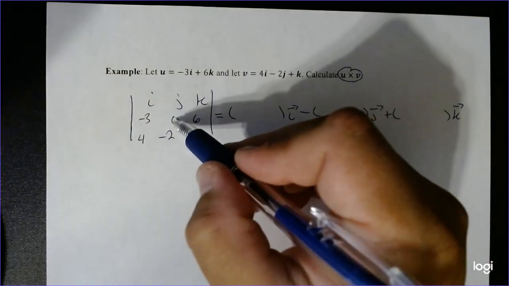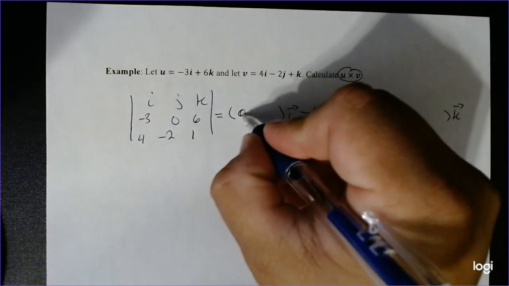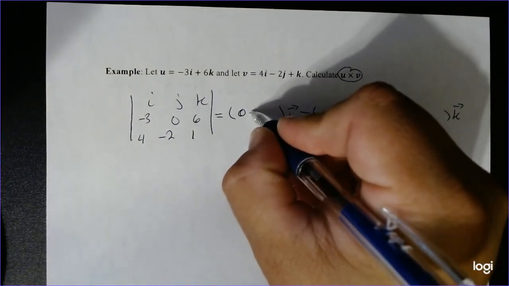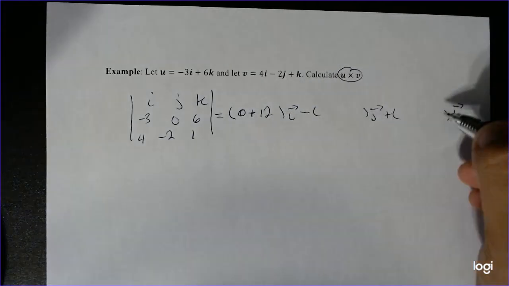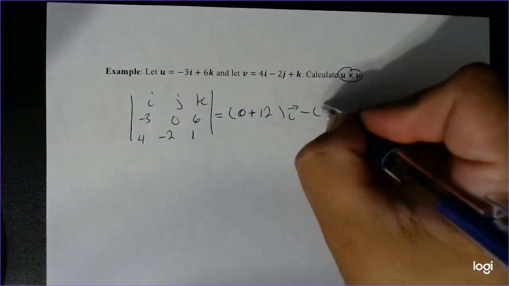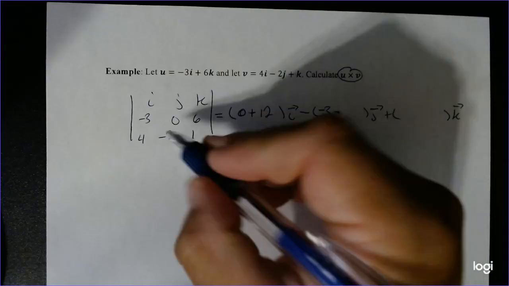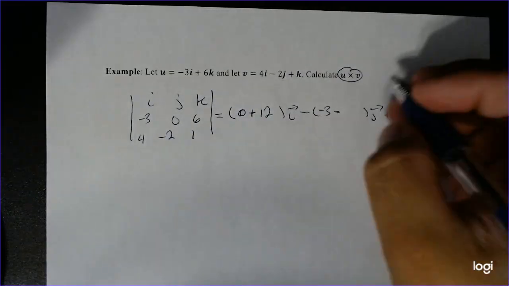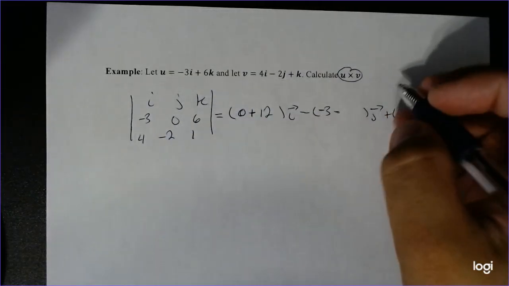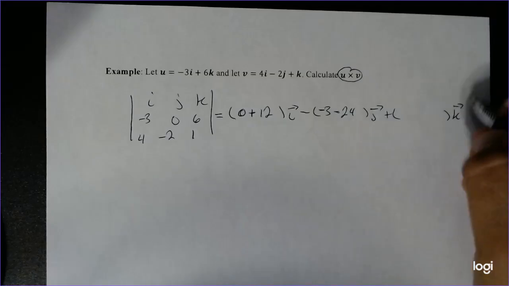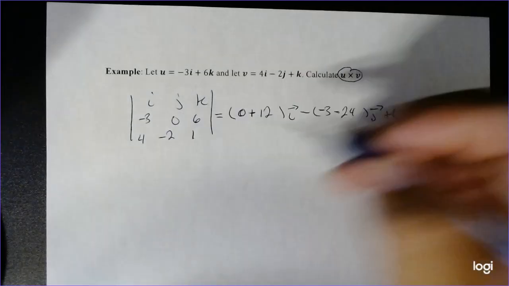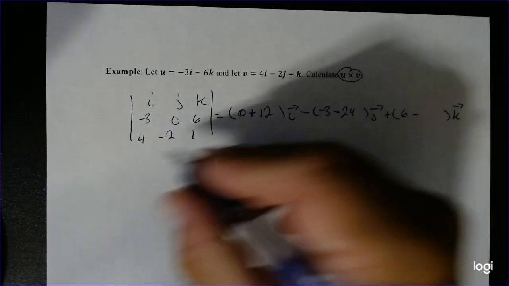All right, so it's going to be 0 minus a negative 12, so it's positive 12. Negative 3 minus, looks like 6 times 4 is 24. This is 6 minus 0.